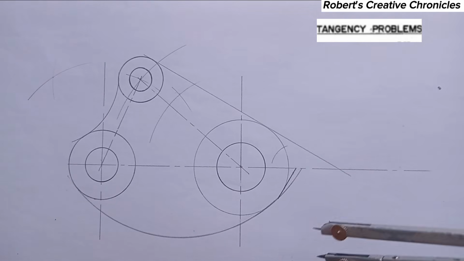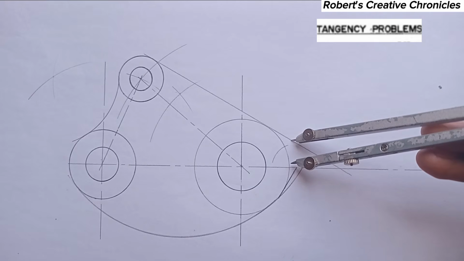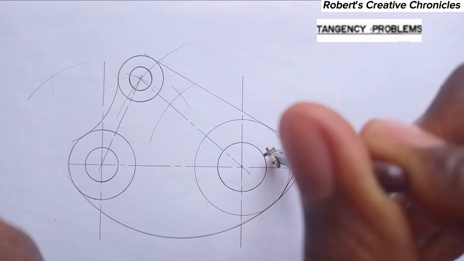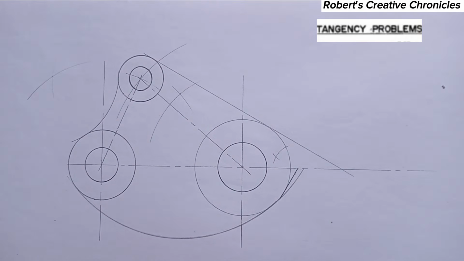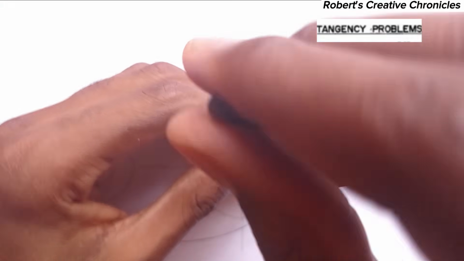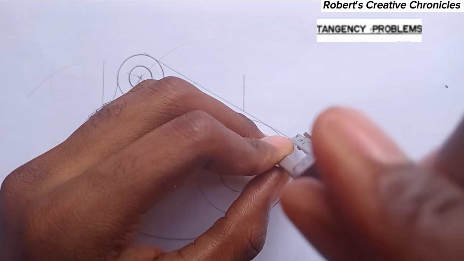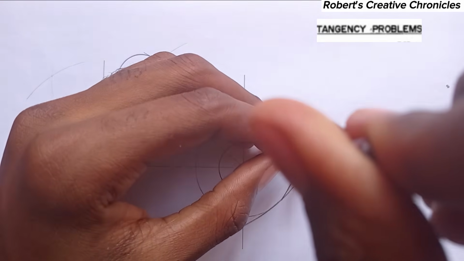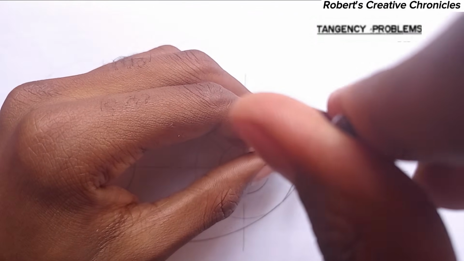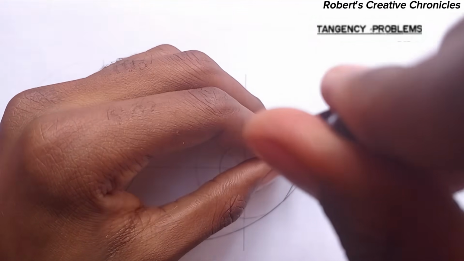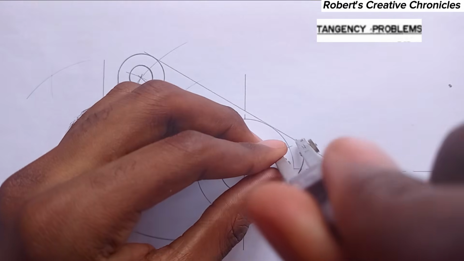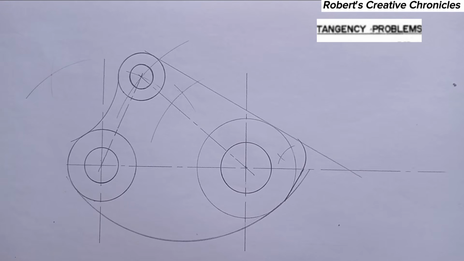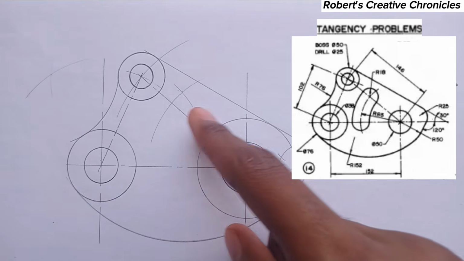Then we'll put it somewhere here, and draw it anywhere you want the curve to close. Then from here, you draw it. So now we will get this side.